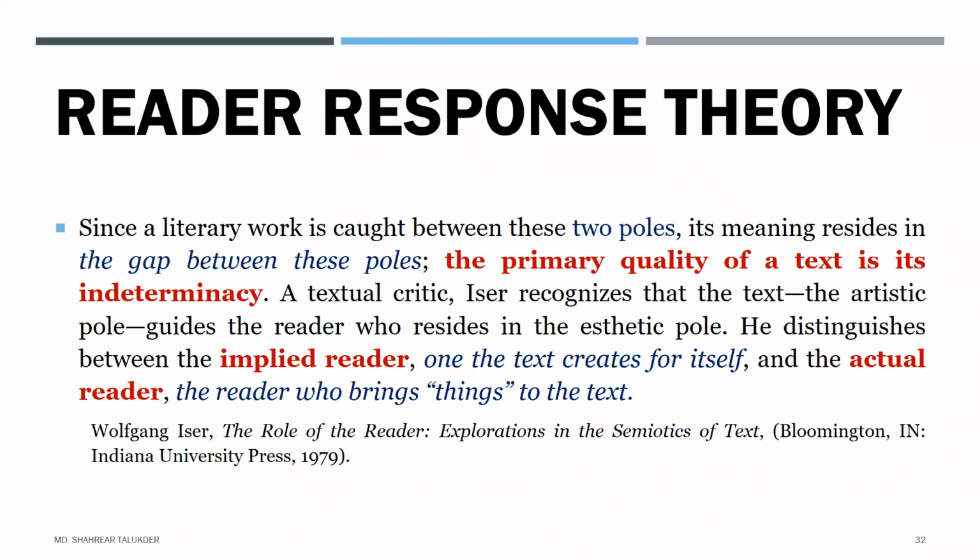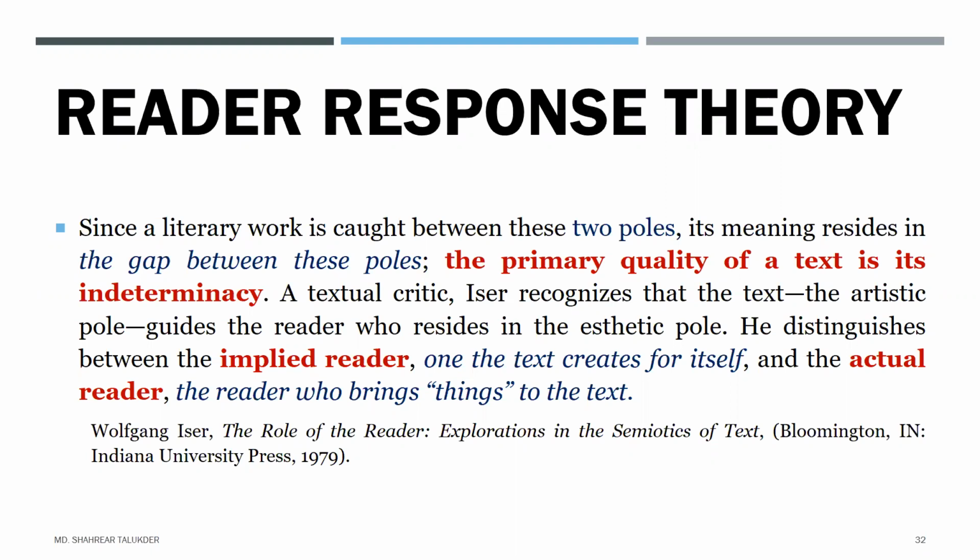So my aesthetic reading will be different, and your aesthetic reading will be different. And therefore it will create different kinds of meaning in between. That's why we call the primary quality of a text its indeterminacy. এটাকে কখনোই তুমি একটা নির্দিষ্ট কোনো কিছু দিয়ে আটকাতে পারবে না, meaningটা changing.